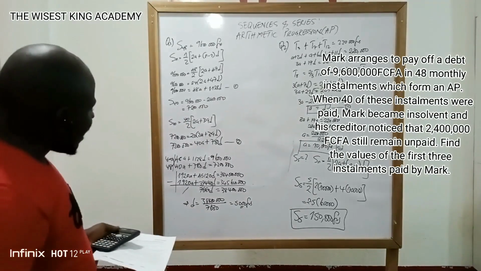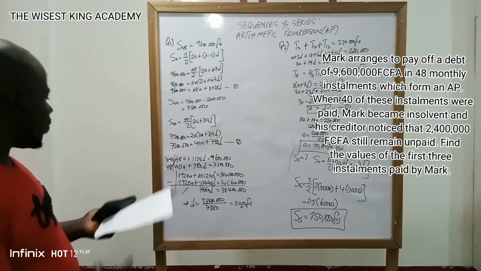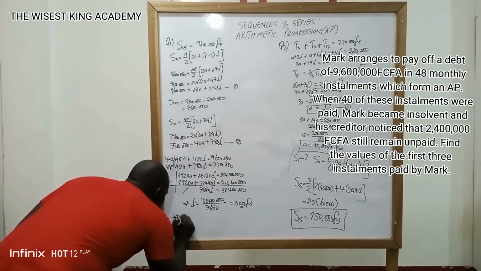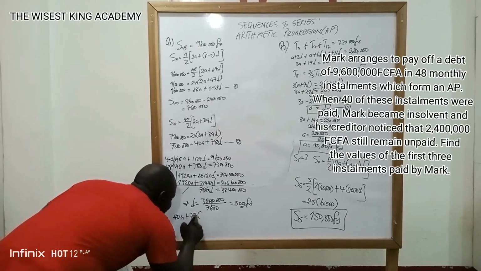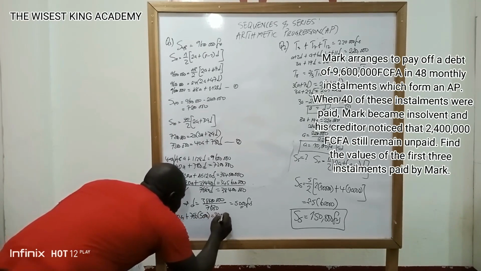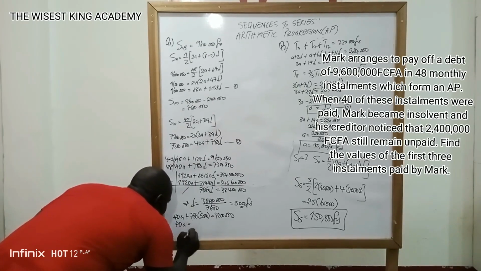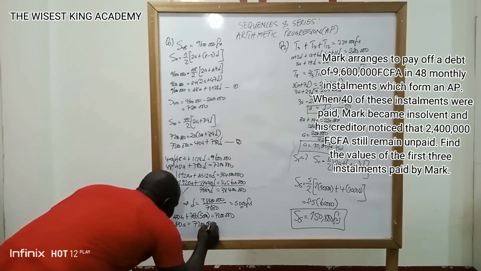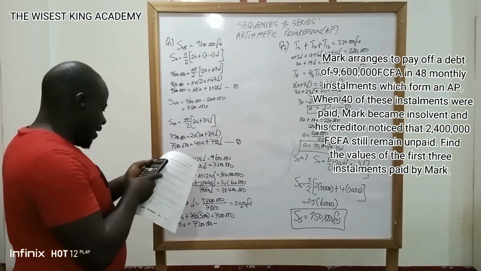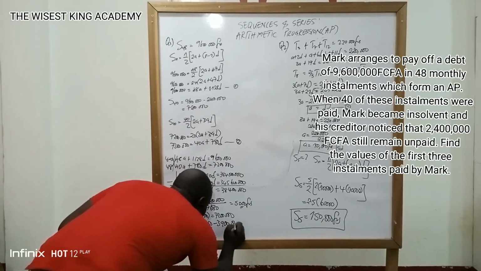Now, let's substitute it in either of the equations. I'll choose equation number 2. So I'm going to have 40a plus 780 times d, that's times 5,000, giving me 7,200,000. So 40a will give me 7,200,000 minus 5,000 times 780, which is 3,900,000.